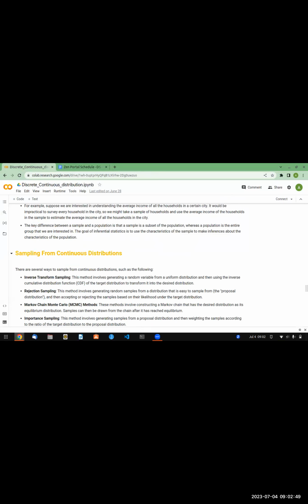Sampling from continuous distribution. This is what we are going to see today, right? I told you like 4 types of things, but we'll try to cover 1 or 2.